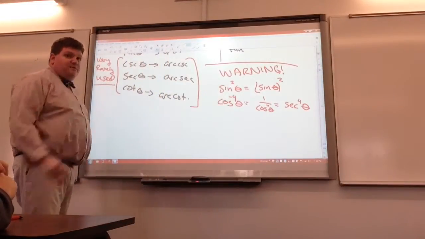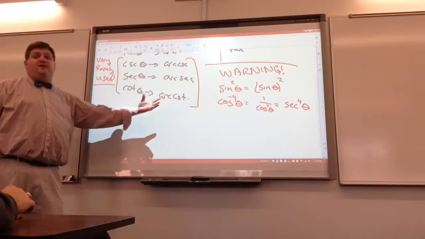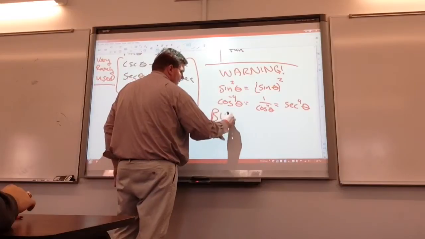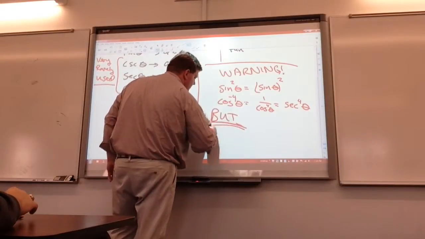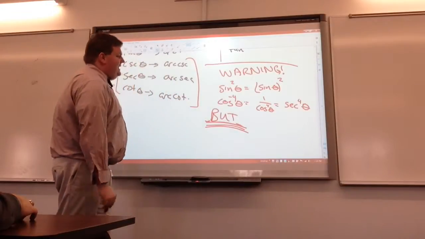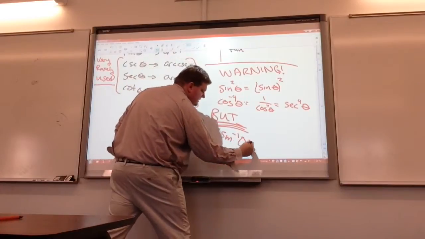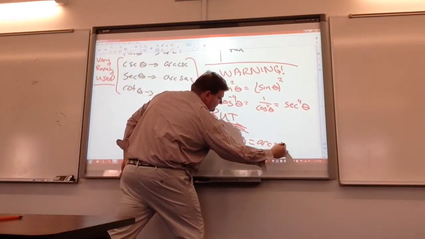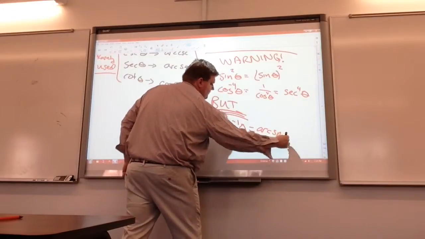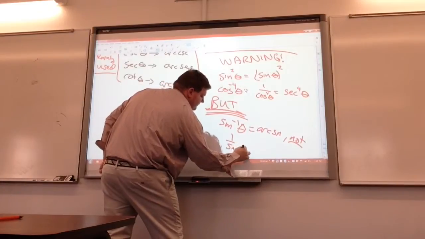So normally when you have an exponent, it's just telling you to multiply the thing by itself that many times. But the sine minus 1 of theta is equal to the arc sine, and not 1 over the sine.